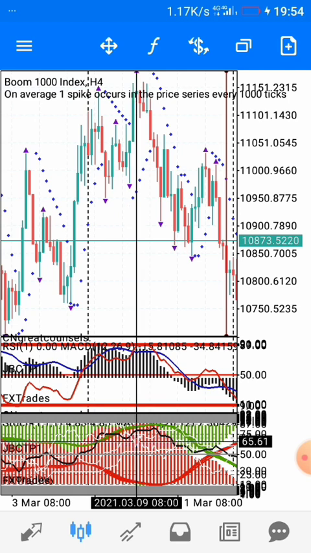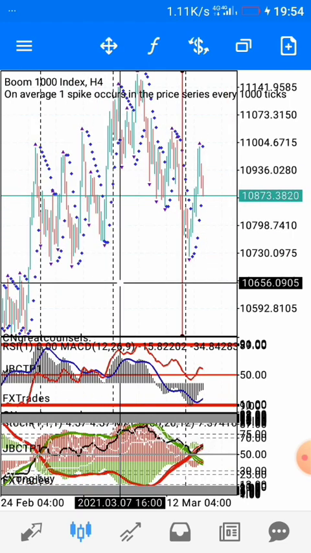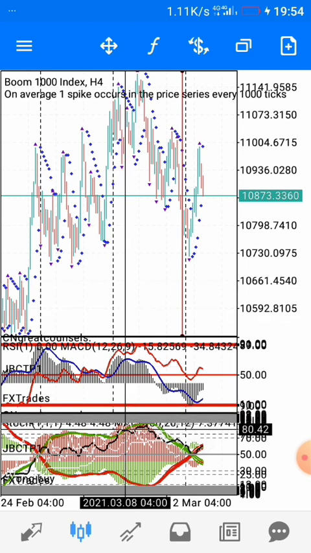Please don't get confused. On the second indicator window for boom, we are looking at the red MACD histogram, okay, facing up. So at this zoom level, there must be above the 75 level. Okay, just as you can see.